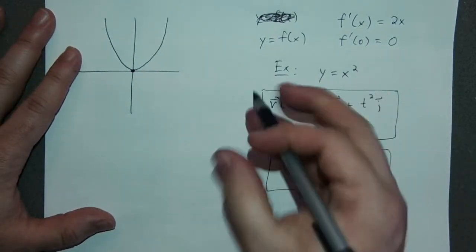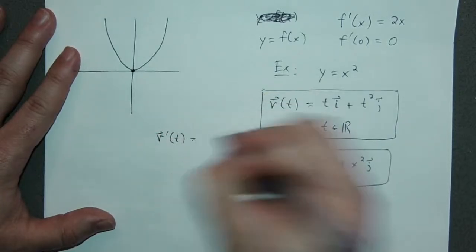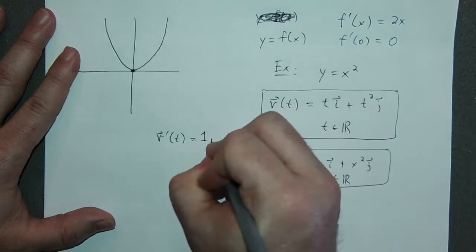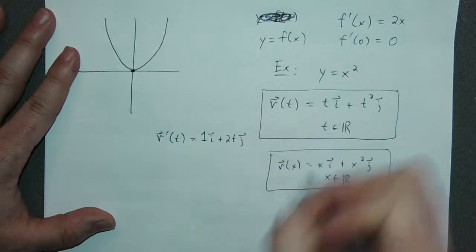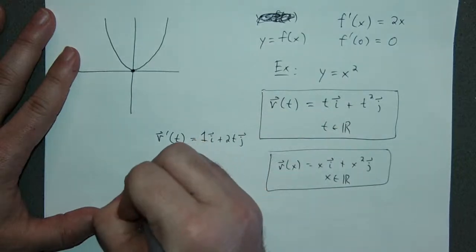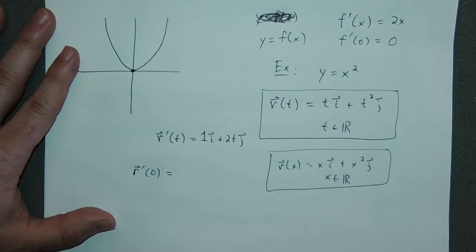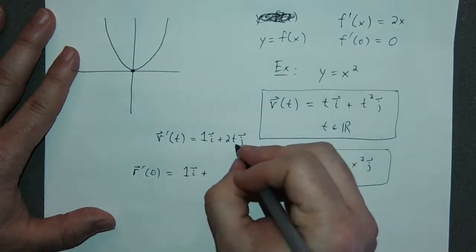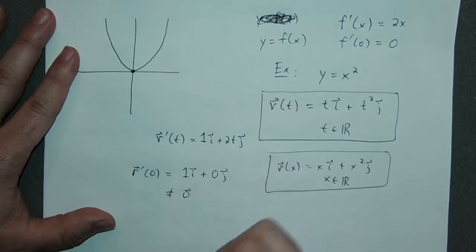But here's the thing. Let's compute r prime. What's r prime of t? Well, it's the derivative of t, which is 1 i, plus 2t j. So what's r prime of 0? It's 1 i plus 2 times 0, so 0j, which is certainly not the 0 vector.